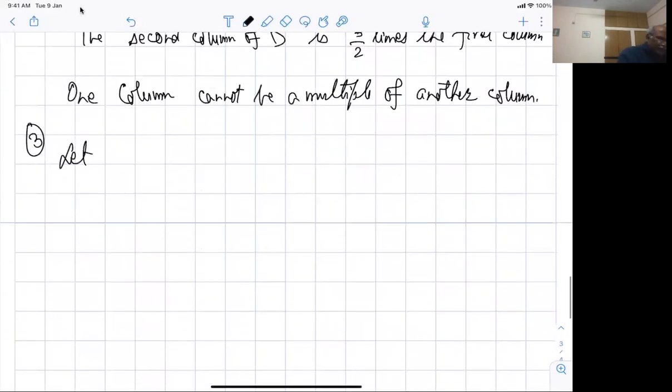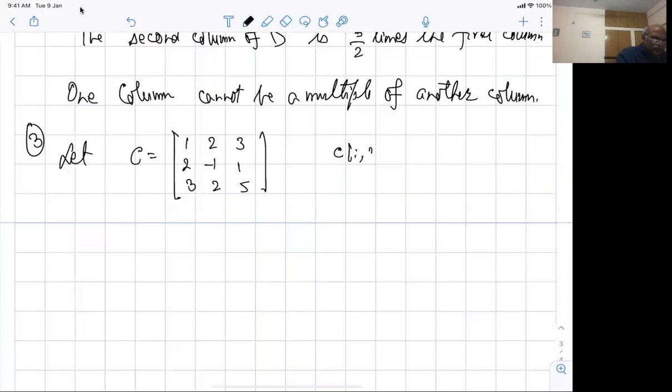So I am taking this matrix as 1, 2, 3, 2 minus 1, 2, 3, 1, 5. All right. So here I can see that the third column here is nothing but the first column plus the second column that I have here.